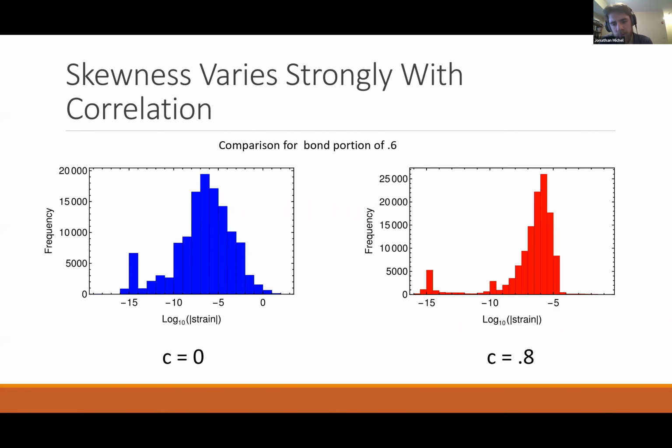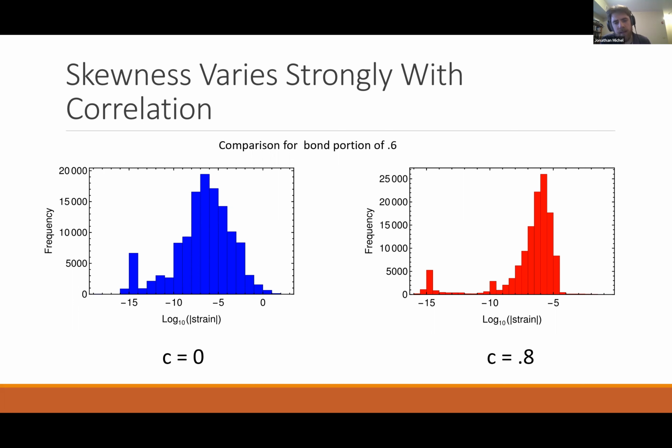But then when we consider the case of C equals 0.8, we can see there's a high peak towards the high end of the range of strains, but then there's a longer tail, and a larger subpopulation at lower values of strain.